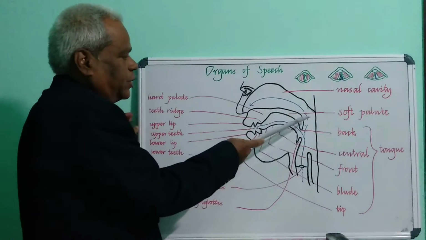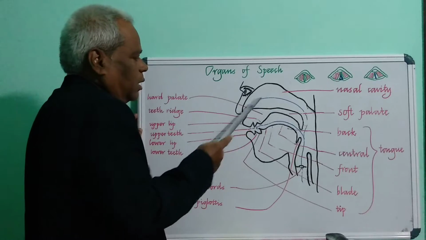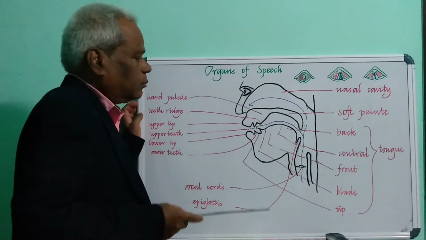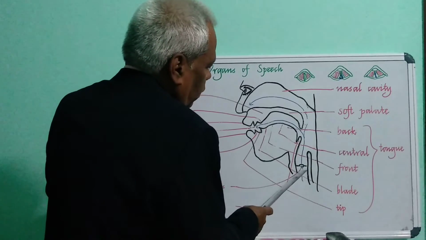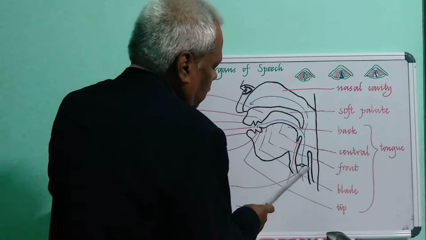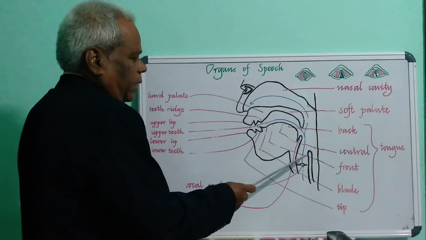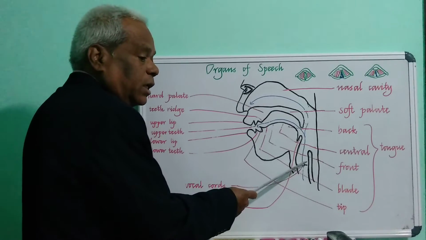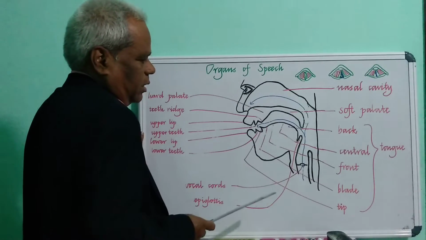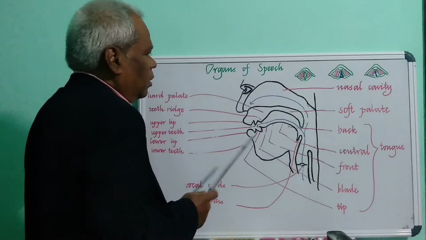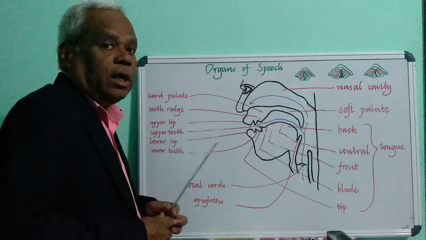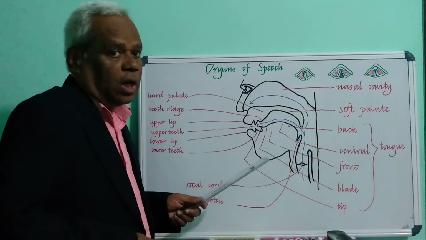So the air can escape through these two ways. And we'll think about the kinds of air produced here. One is voiced and the other is voiceless. We make use of these two kinds of air for producing the speech sounds.